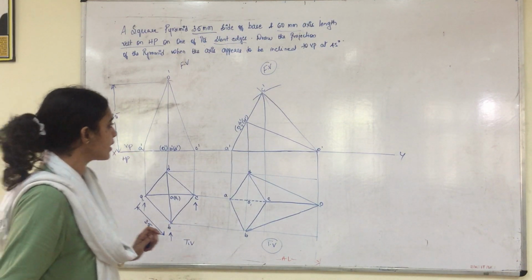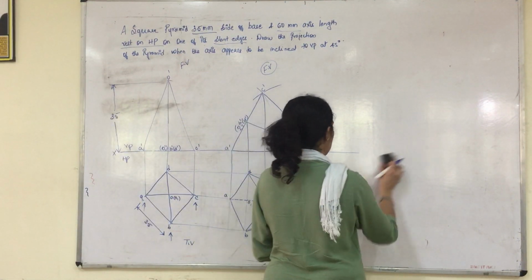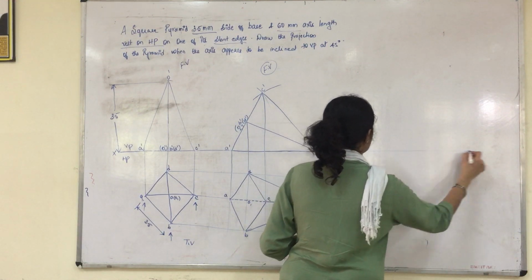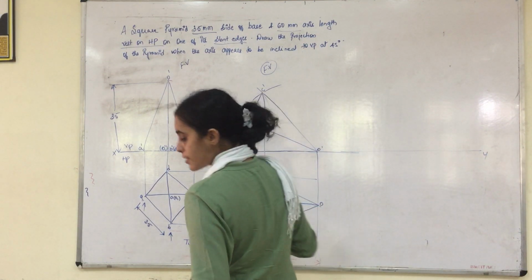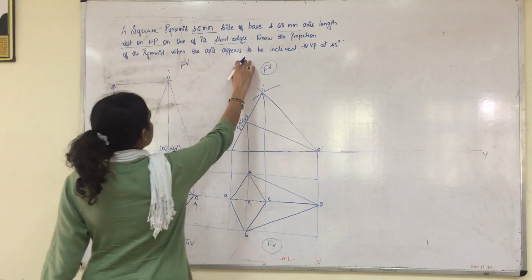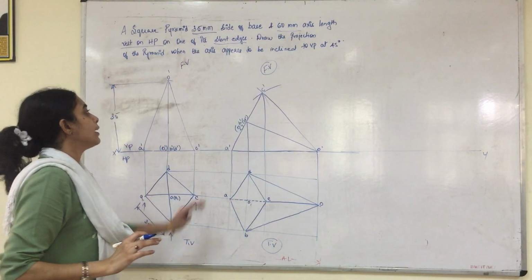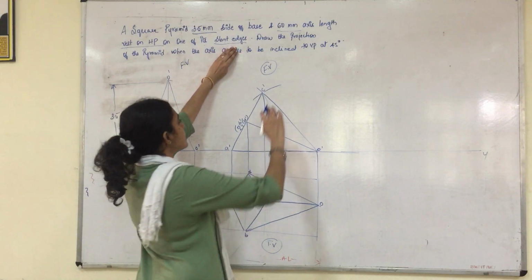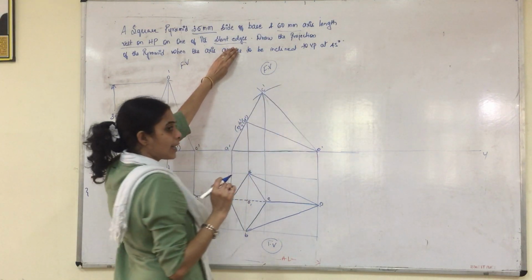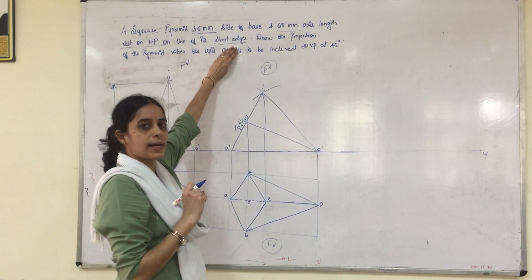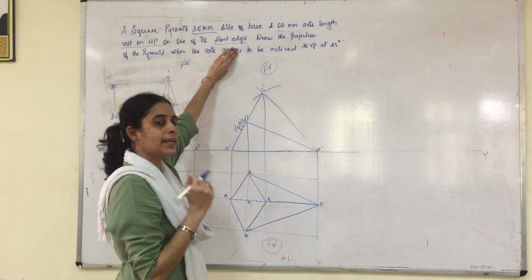Later, please read what is the third part being asked. It is told that the axis appears to be inclined to BP at 45 degrees. If it was told the axis is inclined to BP at 45, then we have to determine the apparent angle because it is directly inclined.